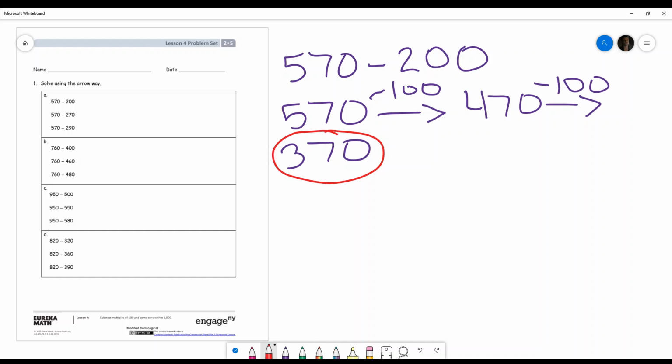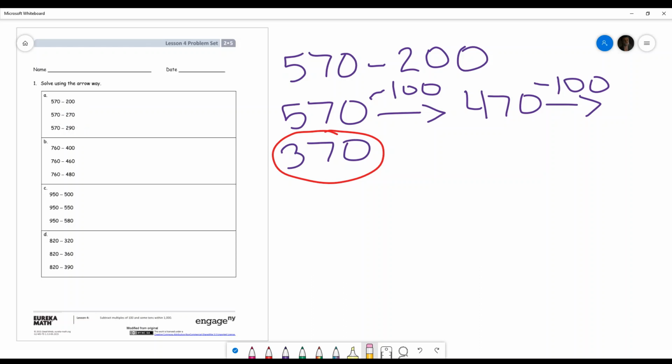Now let's look at the next part of A. 570 minus 270. 570 is the same number we were subtracting right above it. So I'm thinking we could just take away 70 from 370, because we had 200 and now we're taking away 270. And that's only 70 more than 200.